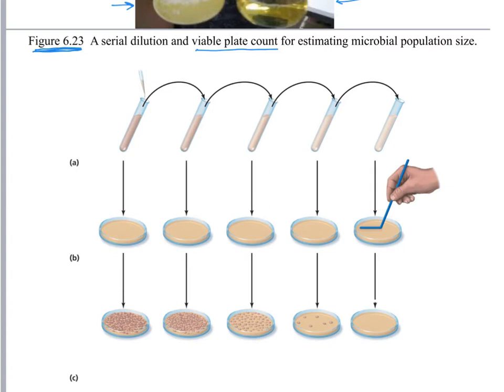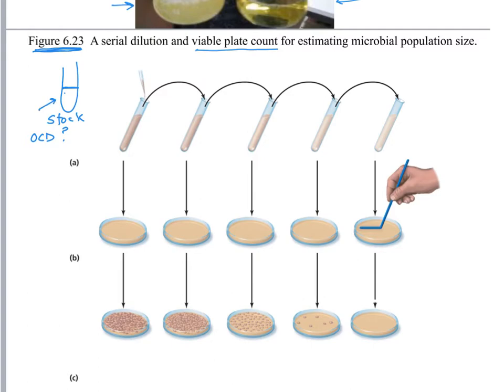With the viable plate count, in lab we have some stock culture, and what we're trying to figure out is the approximate original cell density of this stock culture.